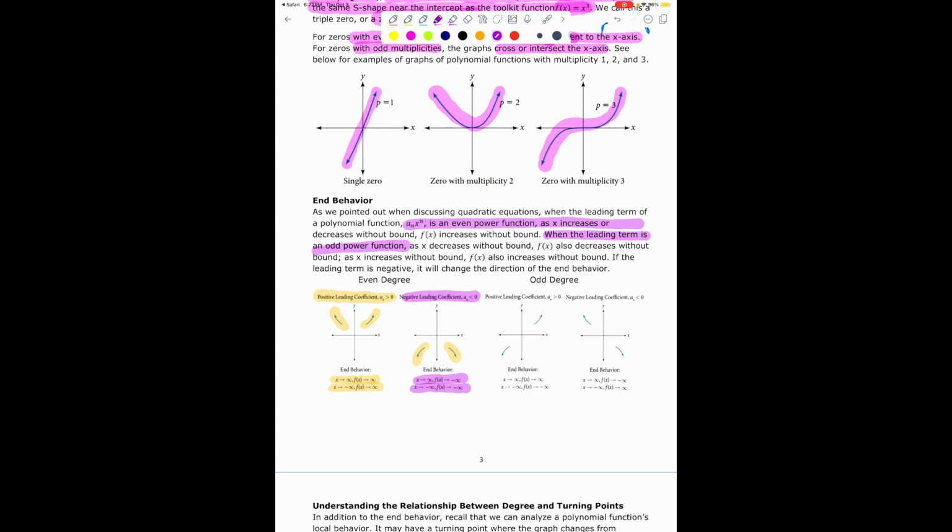If the leading term is negative, however, it will change the direction of the end behavior here. If the leading coefficient is positive and the degree of the leading term is odd, the behavior is going to look like this. On the positive side of x, the function is going to go to positive infinity or goes up this way. On the negative side of x, the function goes down.